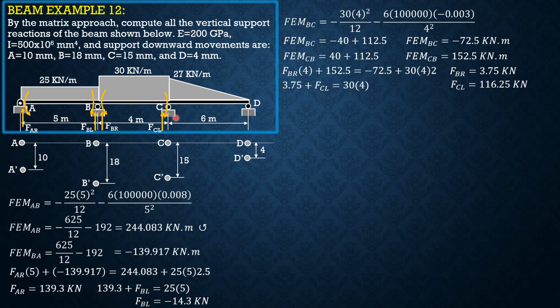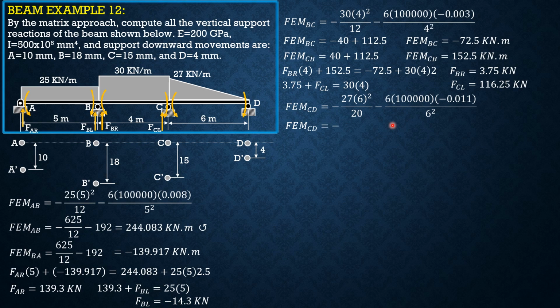So we proceed to portion CD, and the rotation of the chord again is counterclockwise. The difference is 15 minus 4, 11 mm. So 11 mm is negative in the formula. So fixed moment CD is negative WL square over 20, and let's assume that's the direction. So fixed moment CD is negative 27 times 6 square over 20 minus 6 times 100,000 times negative 0.011 over 6 square.